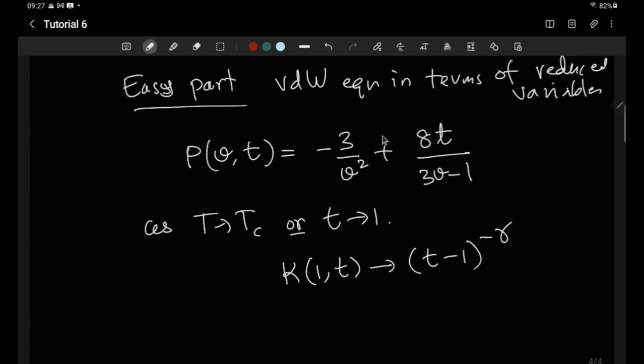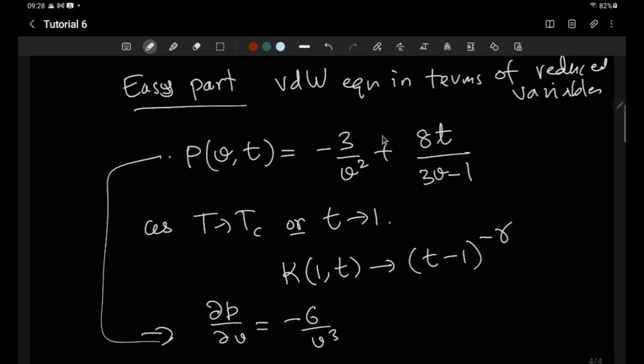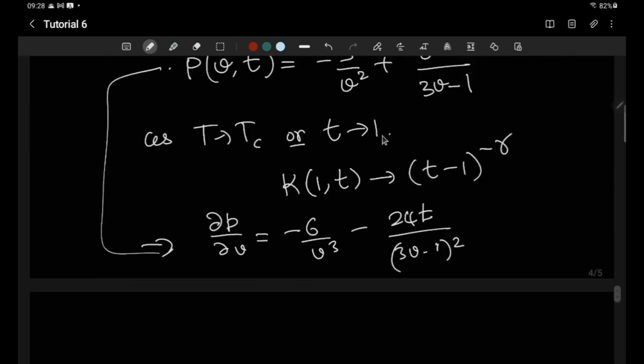So the first step is to take a derivative of this equation. So this is what we have, and we have multiplied by v.